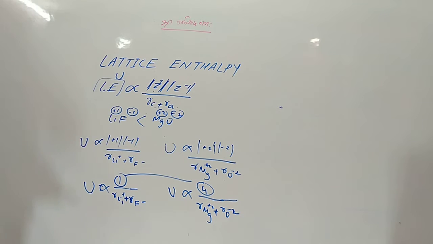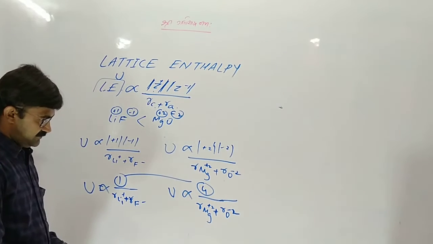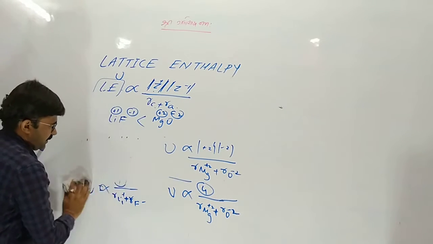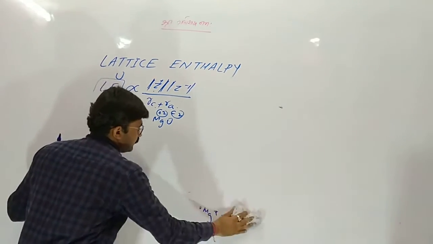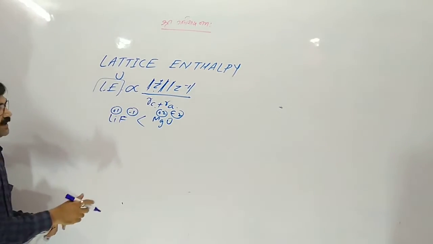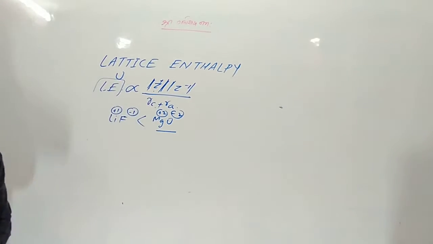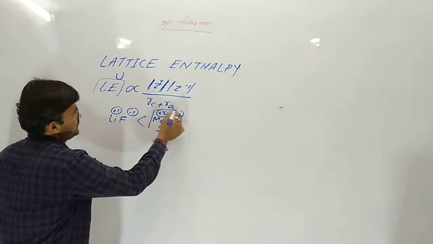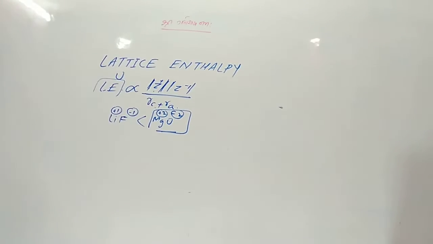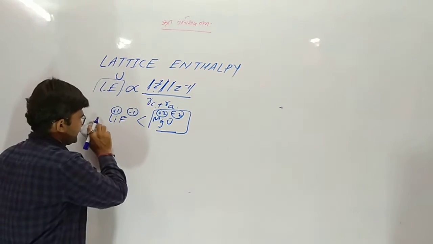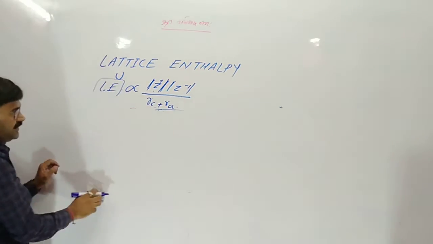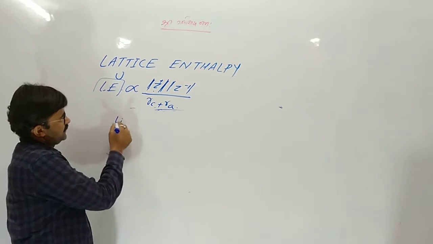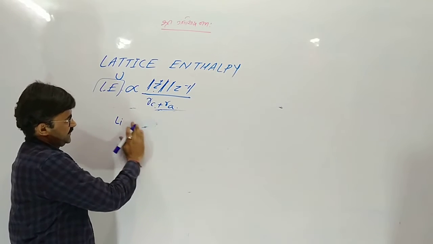So we can say magnesium oxide is more stable. Magnesium oxide's boiling point is high, melting point is high, but solubility is less. Why? Because lattice enthalpy is higher, solubility is less. Now we are going to see, in our book, lithium combines with oxygen.